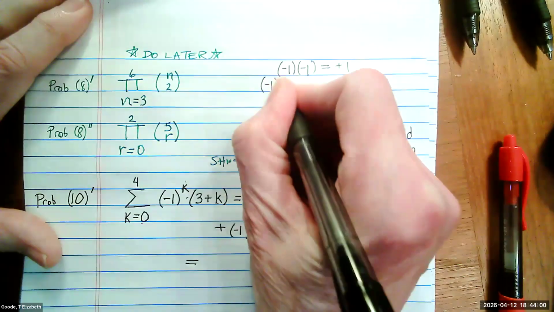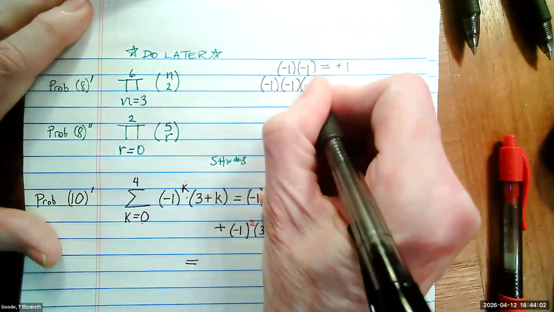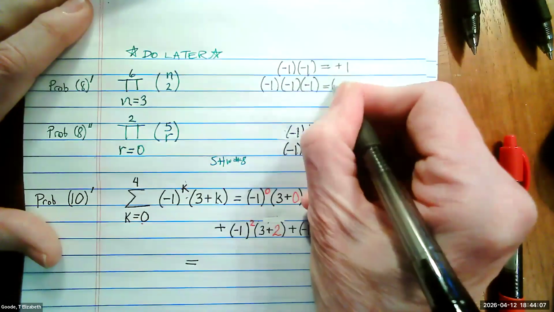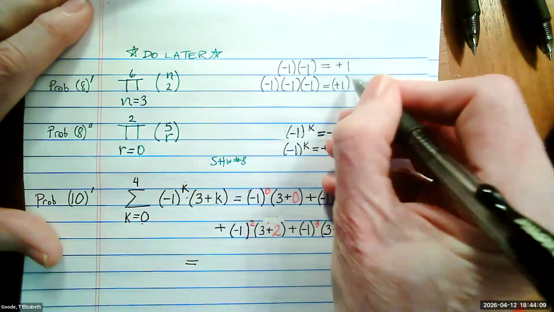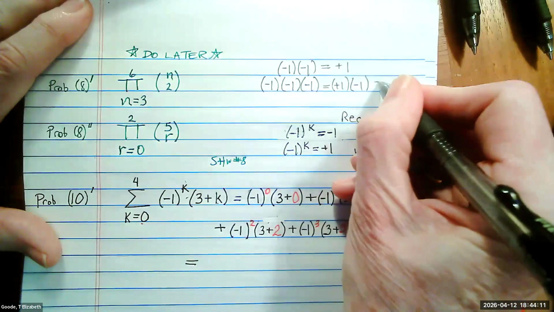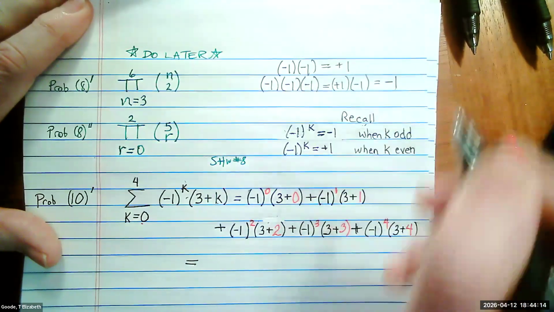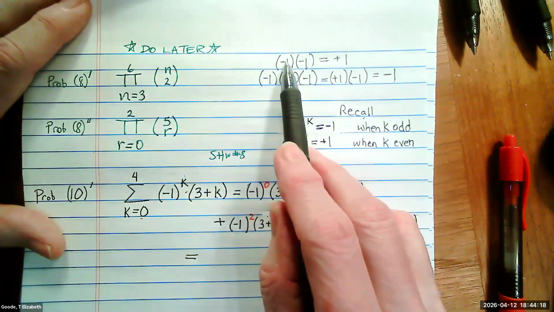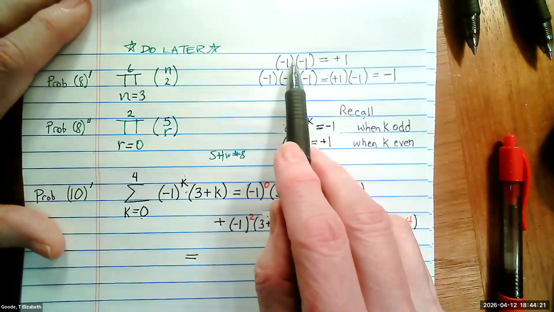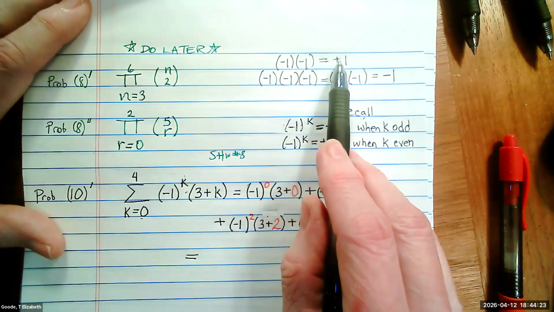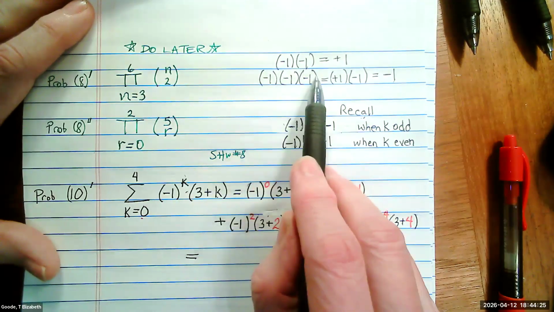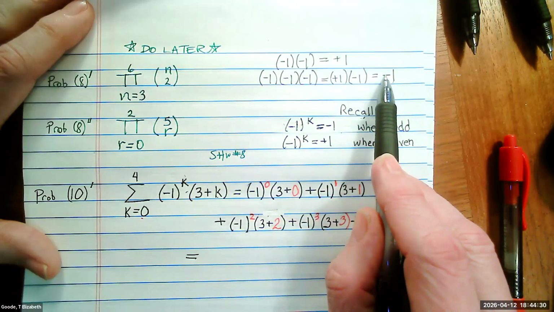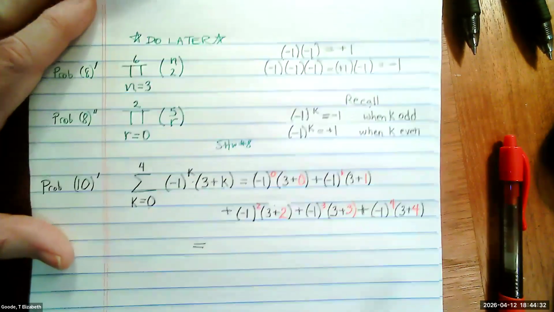But that means if we multiply together three -1s, the first two cancel out, so we get +1, but then we're multiplying by another negative, and that hits us back down to -1. So if you have an even number of negative signs, they cancel each other out and you get a positive product. But if you have an odd number of negatives, then your product will be negative. Does that help?